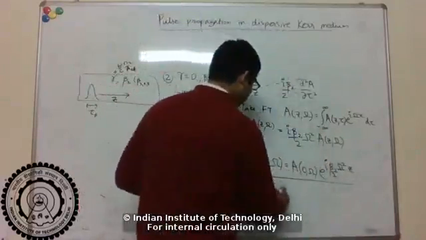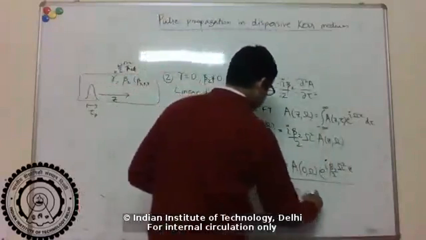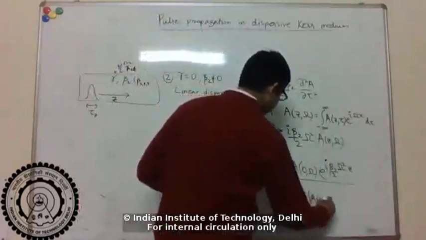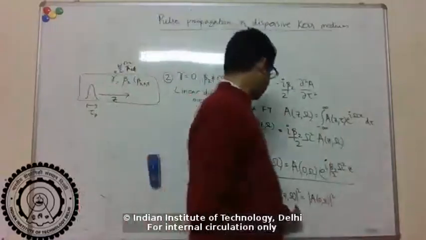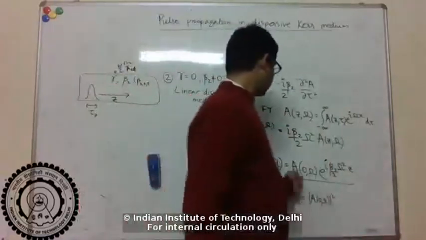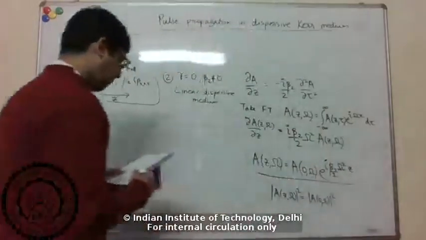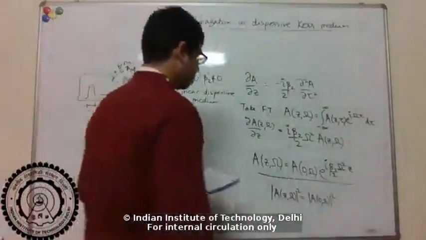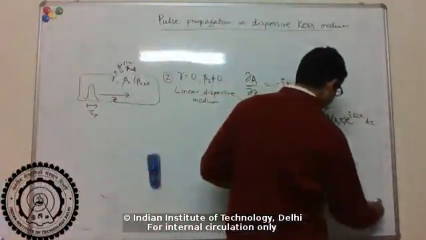And one other thing to note is if I take the mod square, the intensity remains the same, there is no change. It's only a phase. So the power spectrum is unchanged.